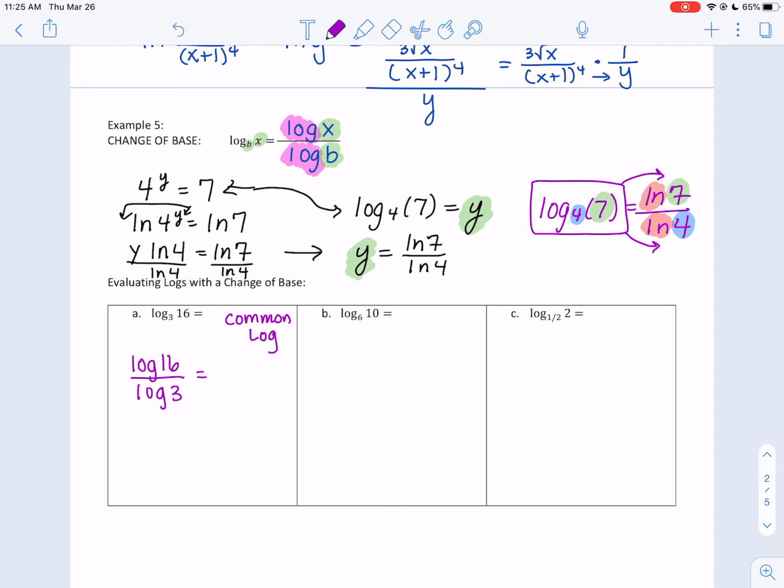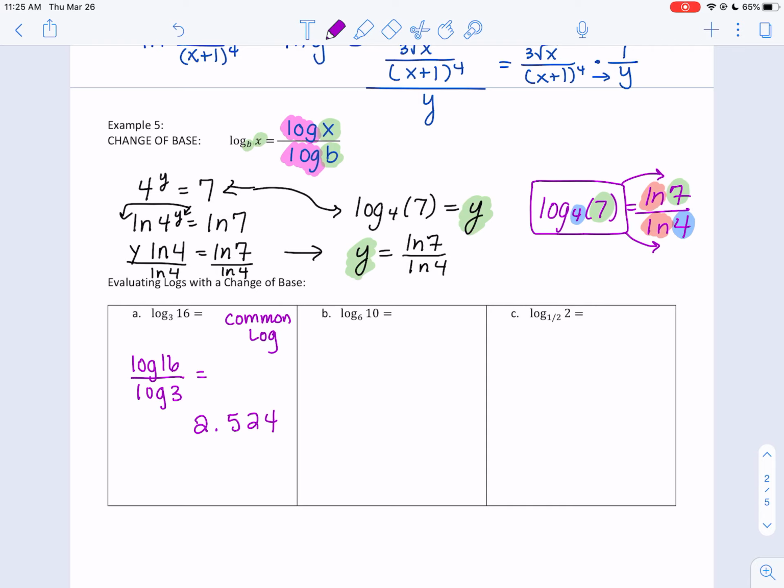That actually might make it a little bit easier for us to put that right into our calculator and evaluate, because those buttons are right on our home screen. If we have log of 16, don't forget to close your parentheses on that 16, and divide by log of 3. That's actually going to produce a value of 2.524, just rounding it to the nearest 10,000.